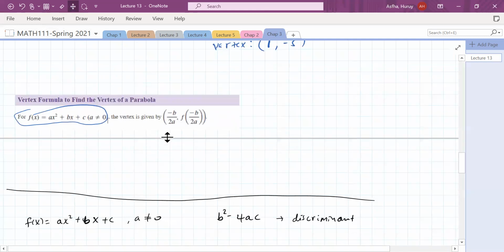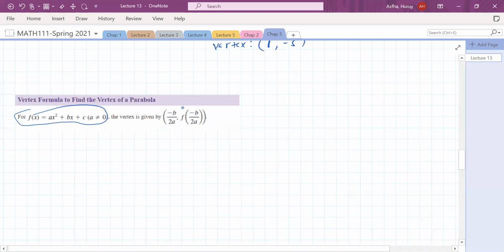Then the vertex is given by the x coordinate, -b over 2a, and the y coordinate is f(-b over 2a). The derivation for this is basically what we did over here.